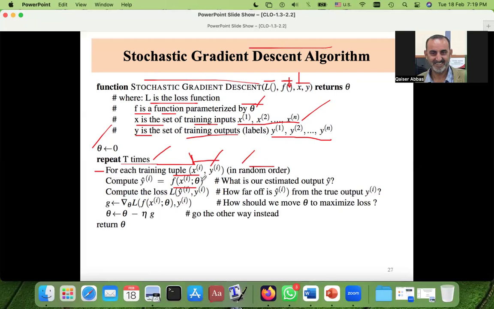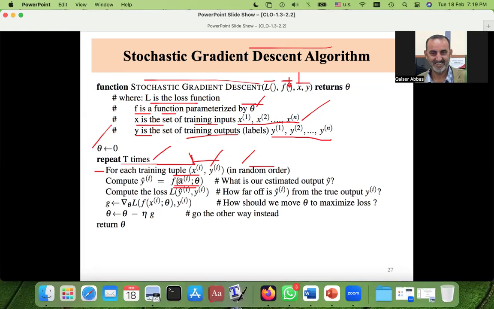How can we get the y cap? It will calculate the probability. It will pass through the sigmoid or something. These are the first two steps that we have seen in logistic regression, the complete first two steps.